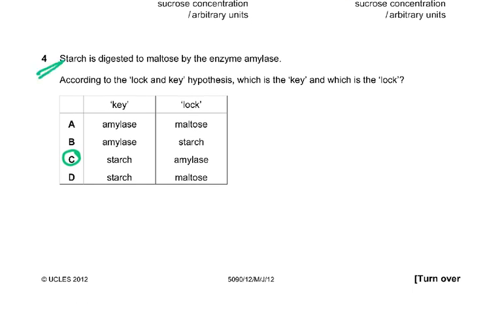Number 4, starch is digested to maltose by the enzyme amylase according to this lock, and which is the key. Because we're talking of the enzyme, the enzyme has to be the lock, amylase. And starch is the substrate, so it has to be the key.